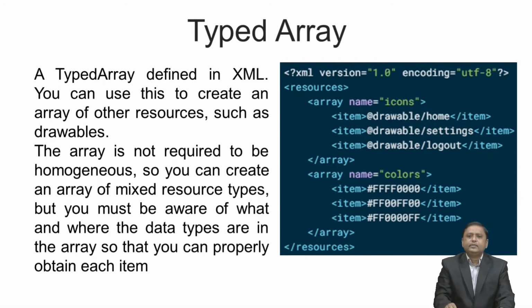So, here you can see inside the typed array, the first element is icons, which defines 3 icons: home, settings and logout, and the second array refers to colors, which defines 3 colors. So, icons are to be stored inside some icon value, and colors must refer to some color value, so that you are aware of where and how this data is stored inside the typed array.